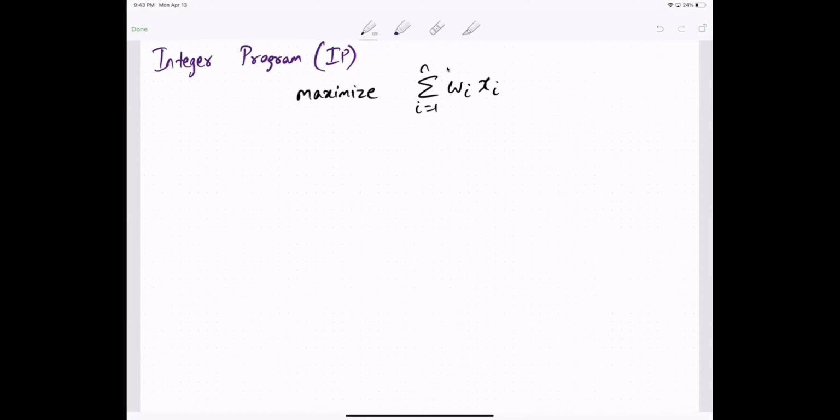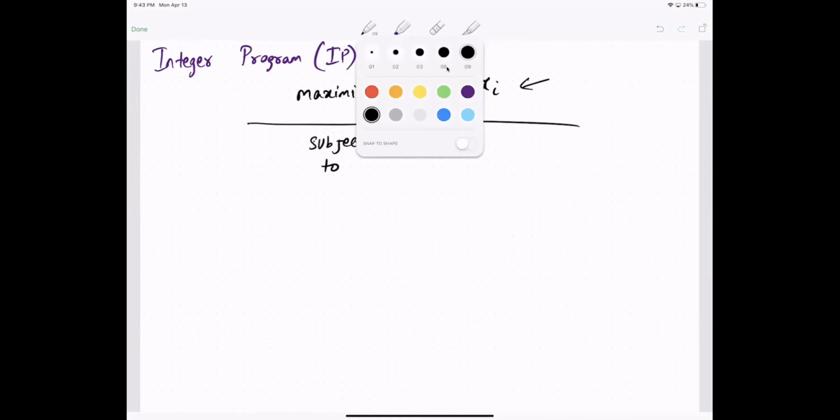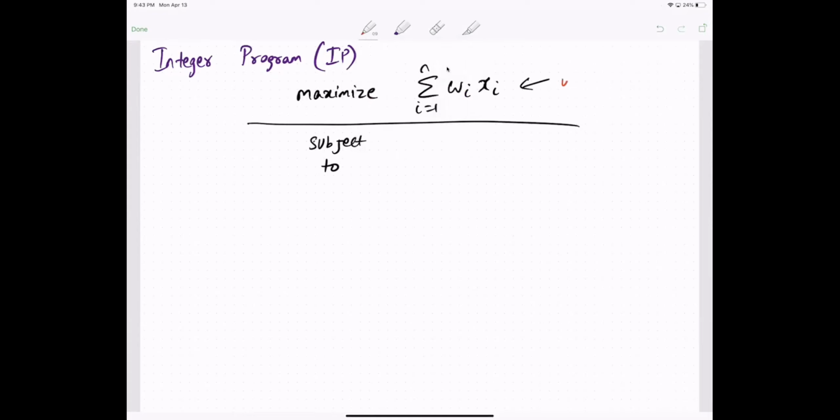If xi is 0, it doesn't add anything to your solution. If xi is 1, then it adds its weight wi to the solution. Subject to. So now it's time to write the constraints. This was the objective function, and now here we'll write down the constraints.